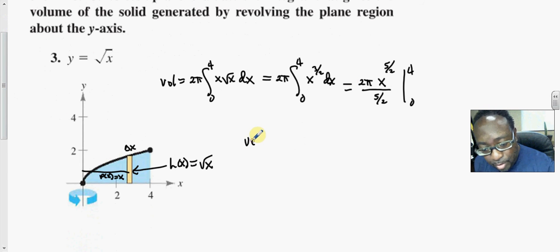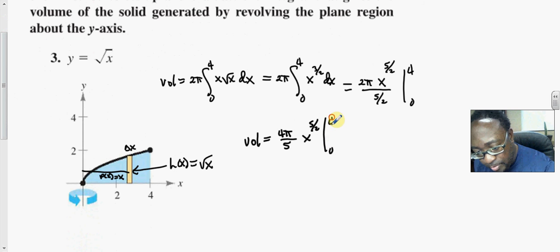And so the volume is 2 times 2 is 4 pi over 5 times x to the 5/2. That's evaluated from 0 to 4.